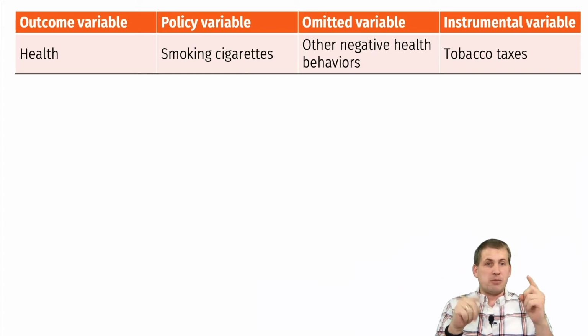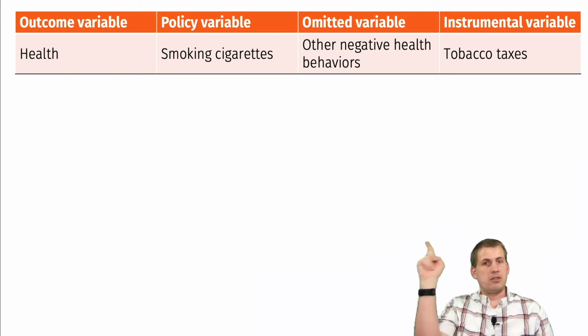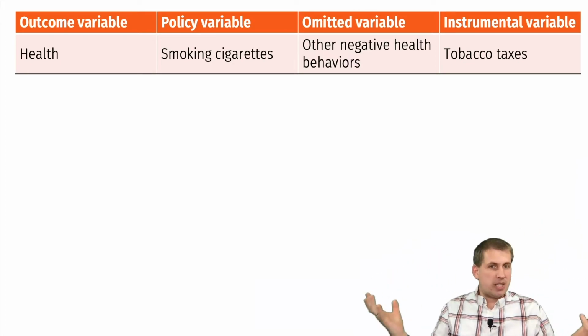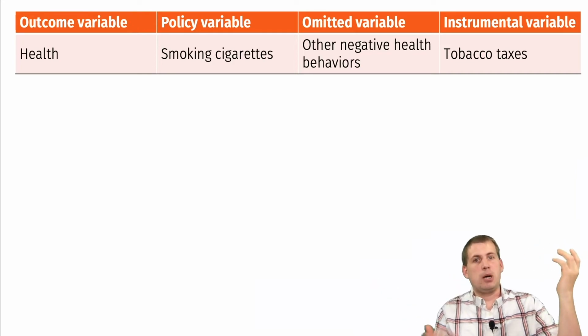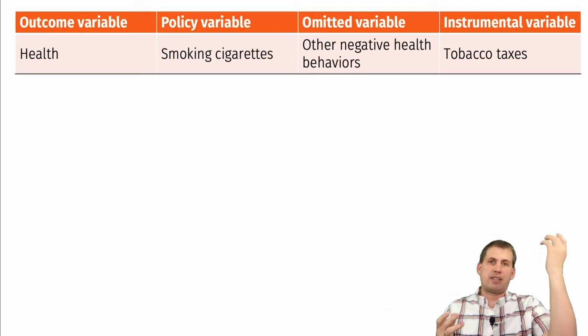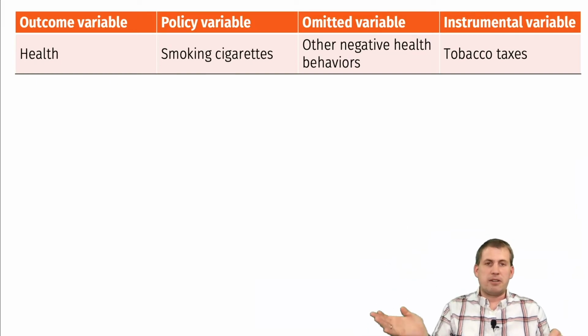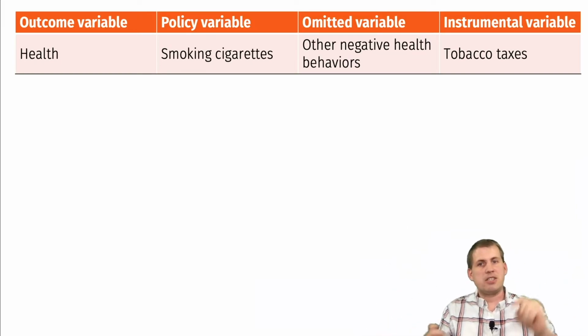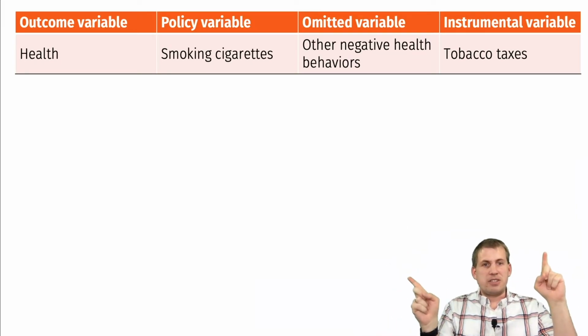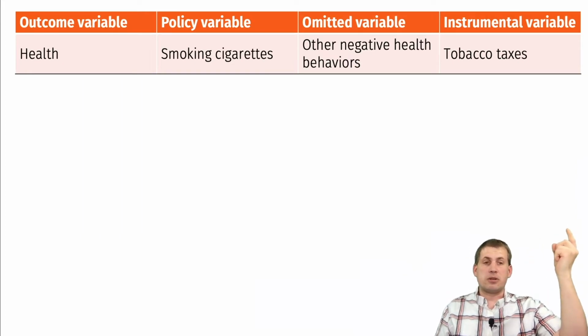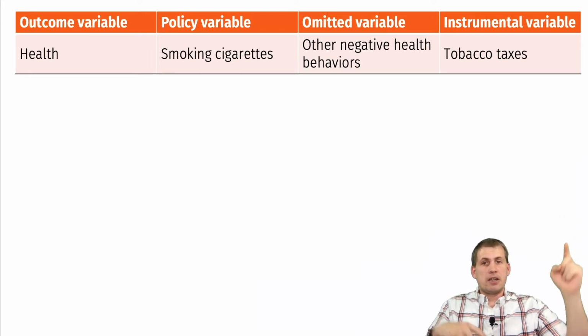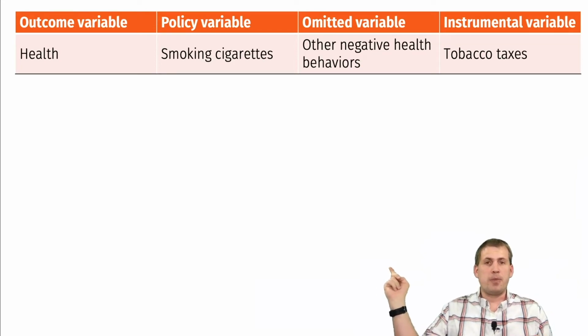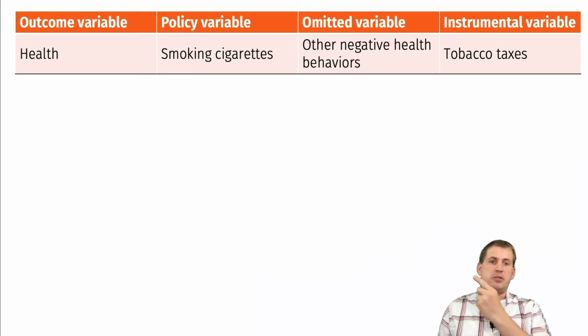So the relevancy means that tobacco taxes are related to smoking cigarettes. That makes sense. If you think about your economics class, taxes go up, smoking cigarettes goes down, depending on how elastic that relationship is. So there's our relevancy. The exclusion story is that tobacco taxes cause health, the outcome, but only through cigarette smoking.